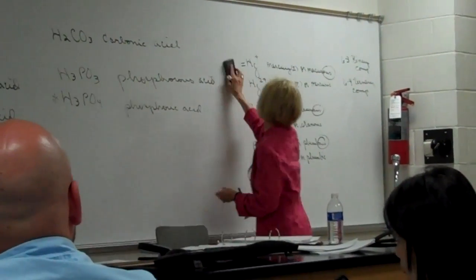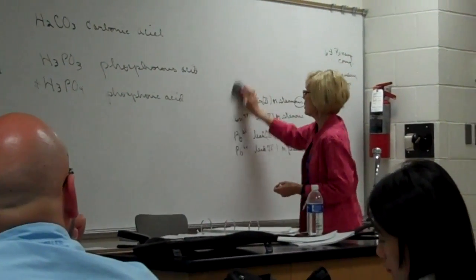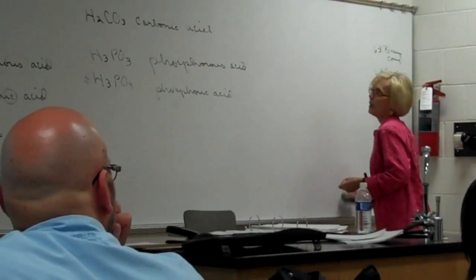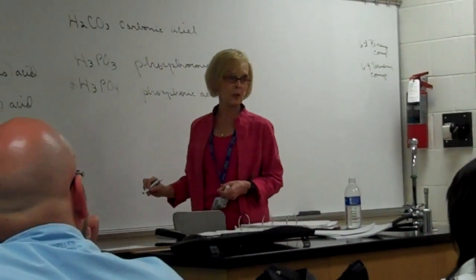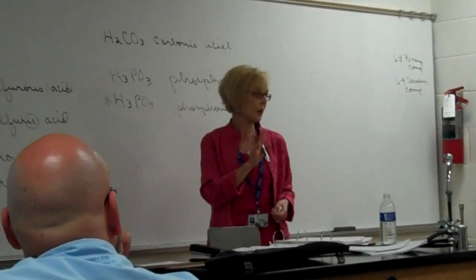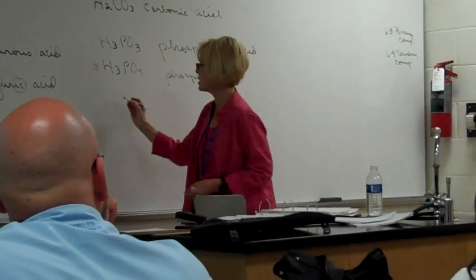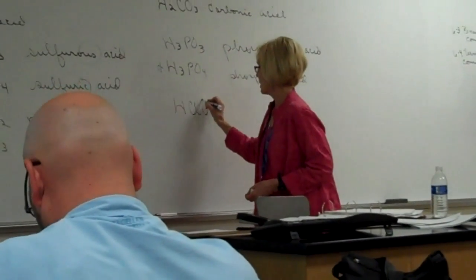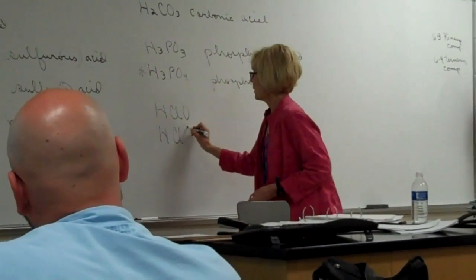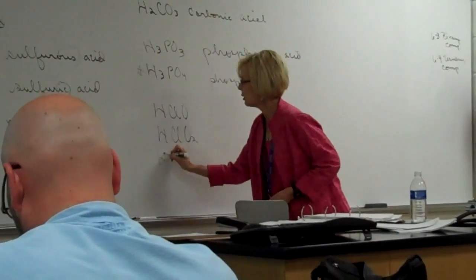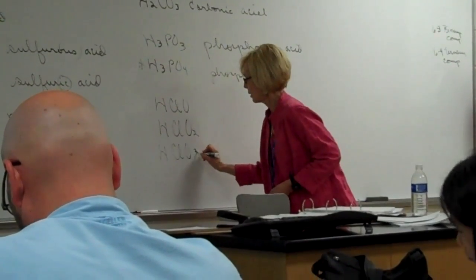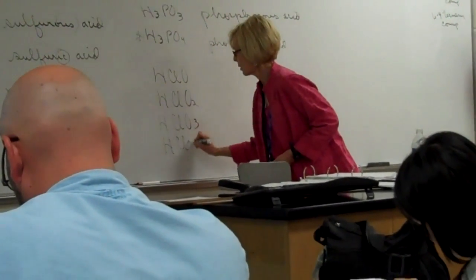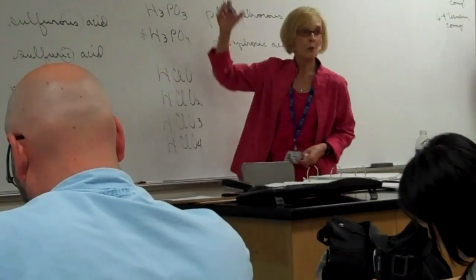And then, life gets more involved. If you have a halogen in the middle, and I'm only going to show one halogen, but it would be true of any halogens, 4 can exist. I'm going to take chlorine. Okay, now let's go back up here.